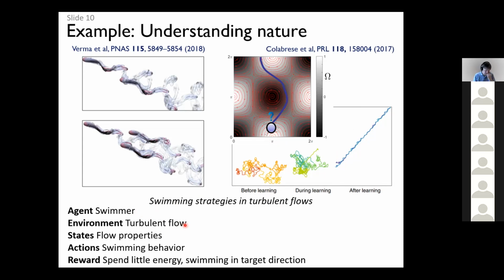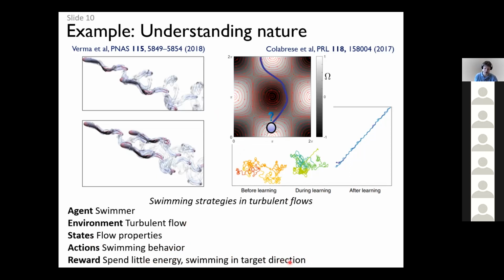And by measuring the flow properties, the state, it takes different actions. That is the swimming behavior, and the reward could be either to spend as little energy as possible, swimming in a target direction, or perhaps some combination of these, or in nature, probably the main target or reward would be to avoid being eaten by predators.